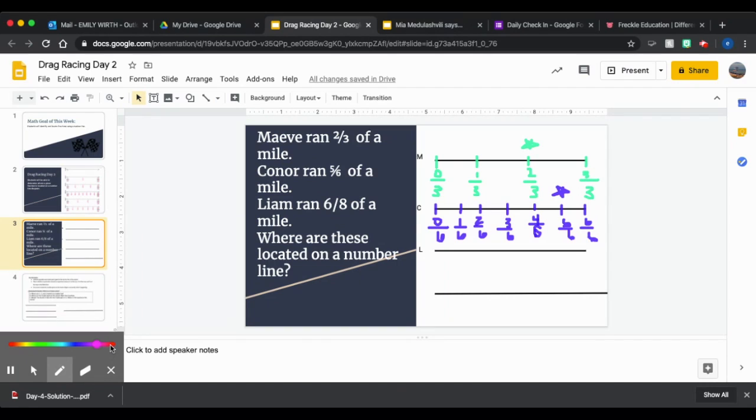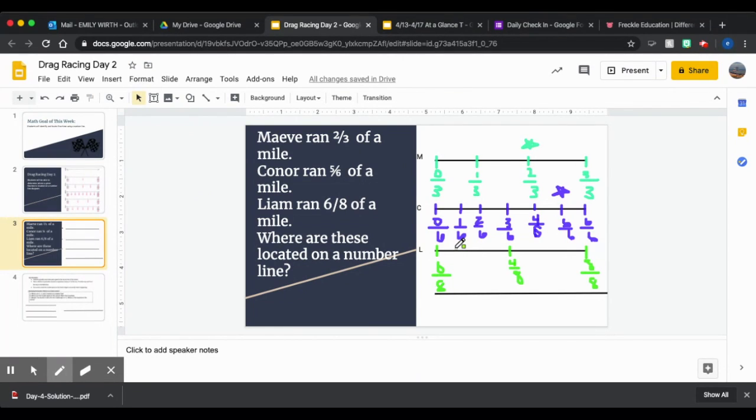Let's take a look at Liam. 6/8. We need to break it into eighths. So I'm going to put a mark at 0/8, 4/8, and 8/8.